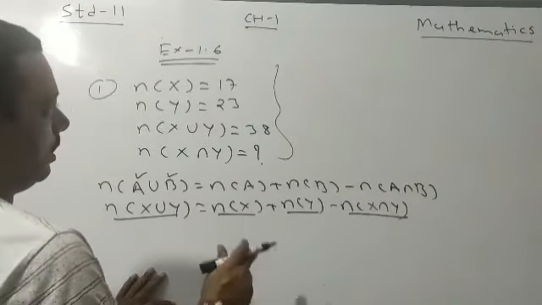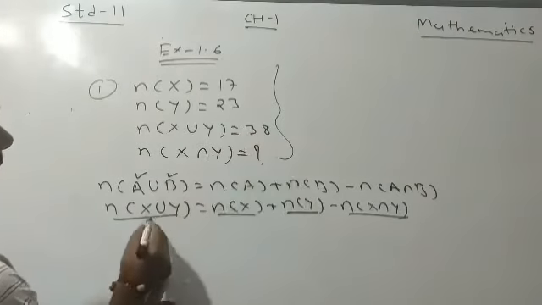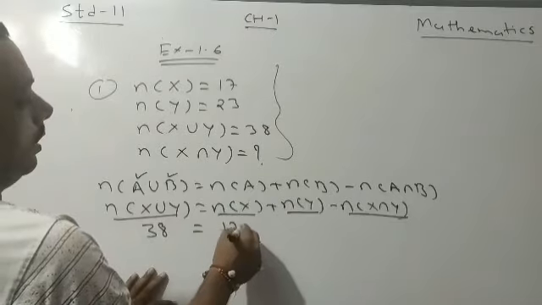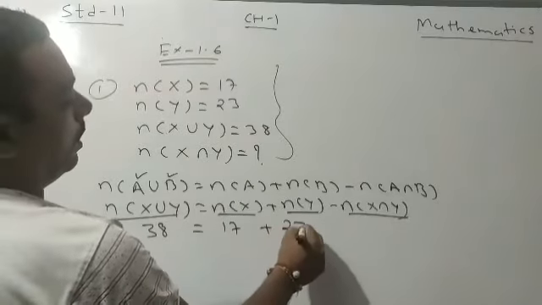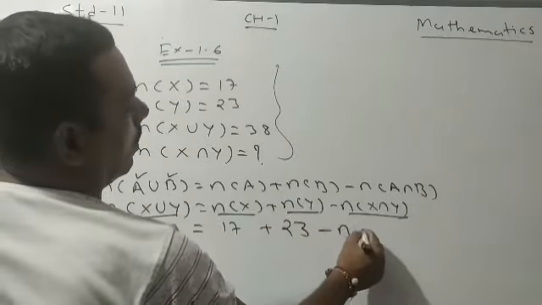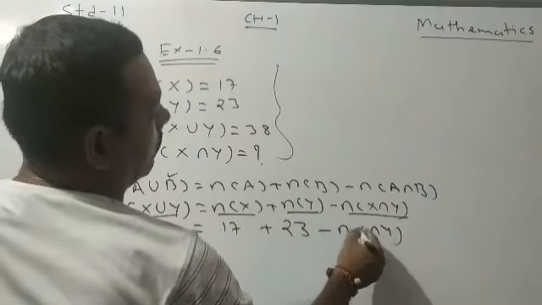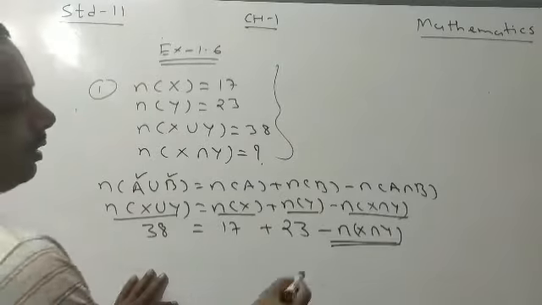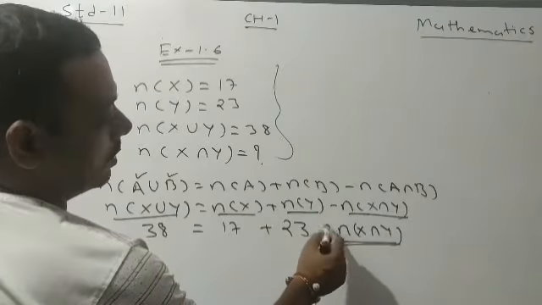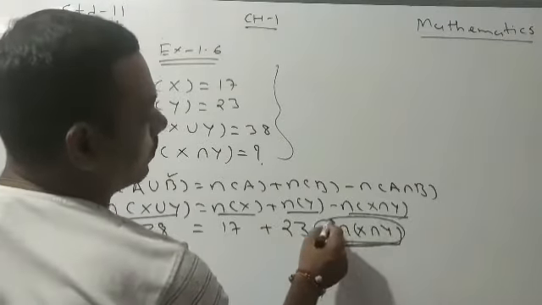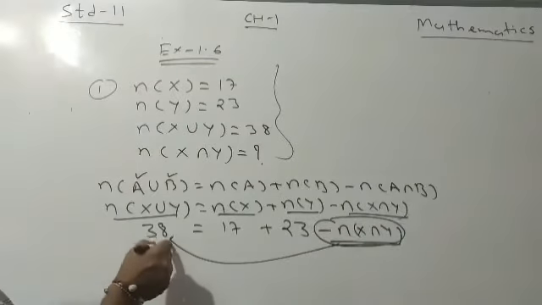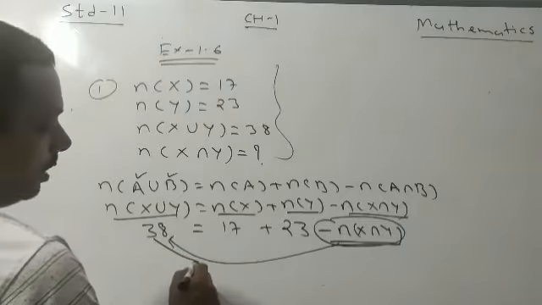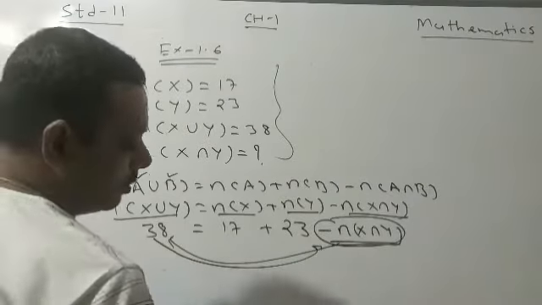Here x union y is given 38, x is given 17, y is given 23, but n of x intersection y is not given. So this n of x intersection y is negative, we will shift it to the left hand side, and this 38 is positive, we will shift to that side, so it becomes negative.